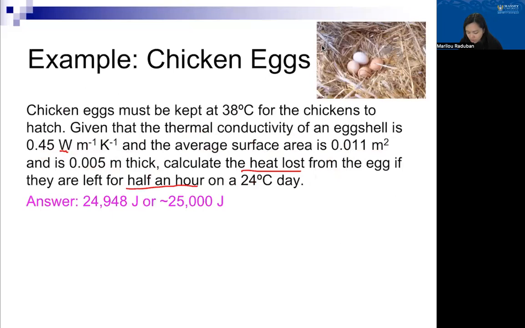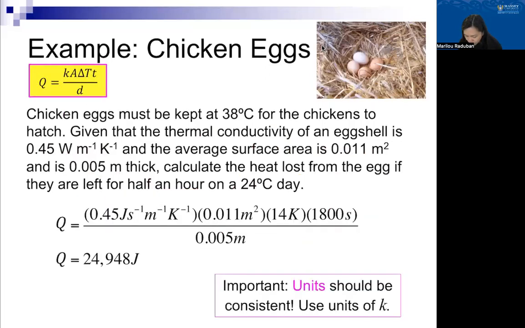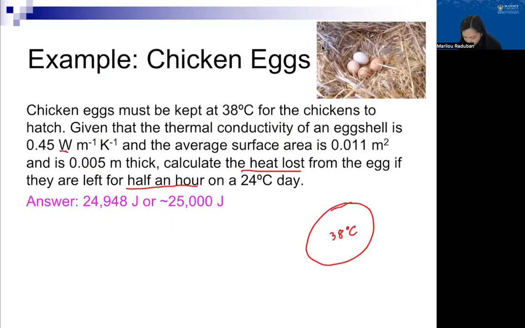Right, so let's imagine this scenario. You have the egg, and the egg has a temperature of 38 degrees Celsius. We'll assume that the temperature of the egg is uniform all throughout, 38 degrees Celsius, and the surface area is 0.011 meters squared.